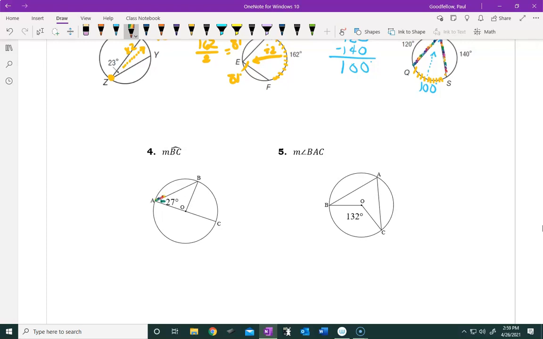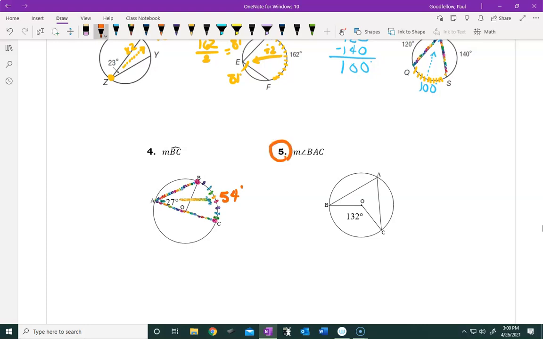So if I trace this out with my fingers, oh, it's hitting right here at B. And if I trace this guy out like this, oh, it's hitting right here at C. This must be the intercepted arc, and that would be twice the size of 27, which would be 54 degrees, okay? So make sure that you're tracing things out.